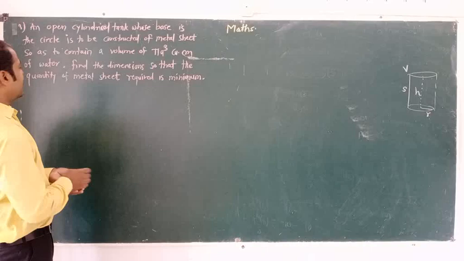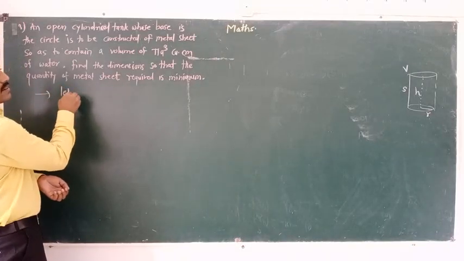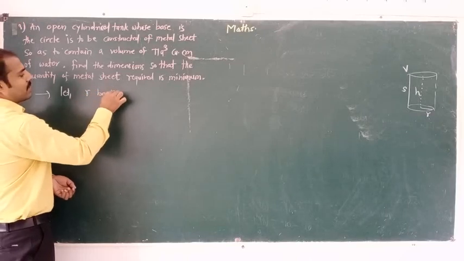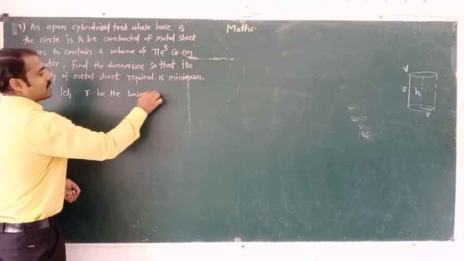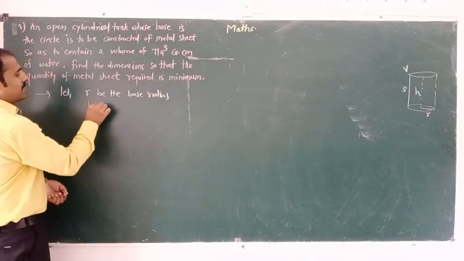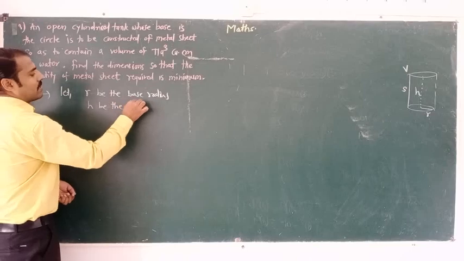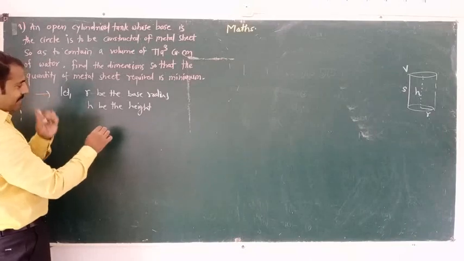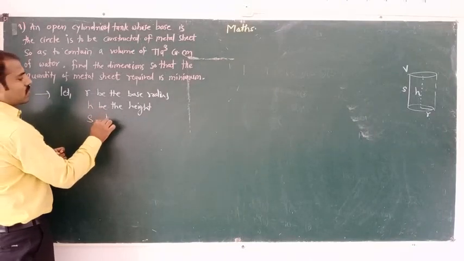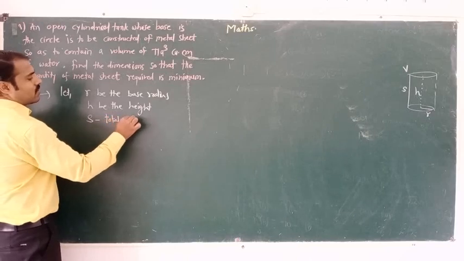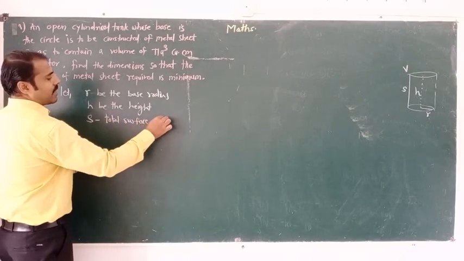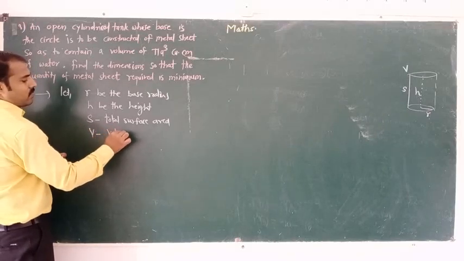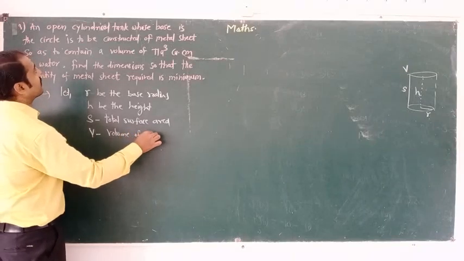So I can write here first: let r be the base radius, h be the height in centimeter, s be the total surface area, and v be the volume of the cylinder.